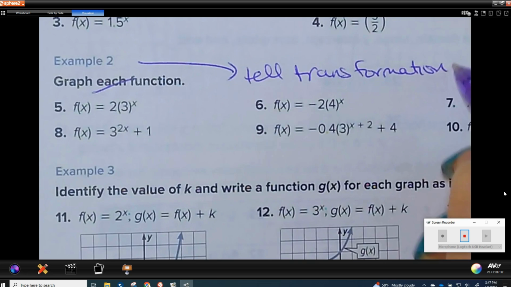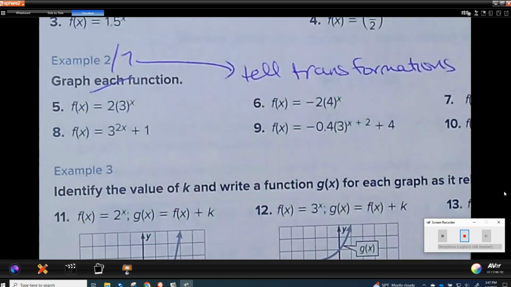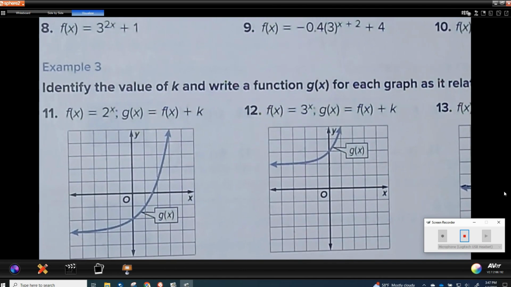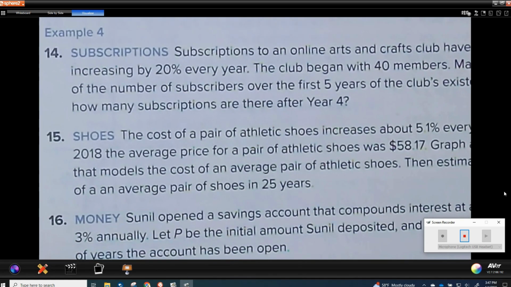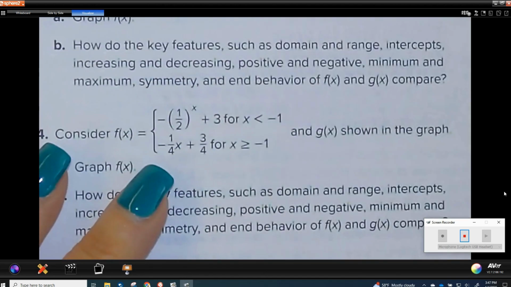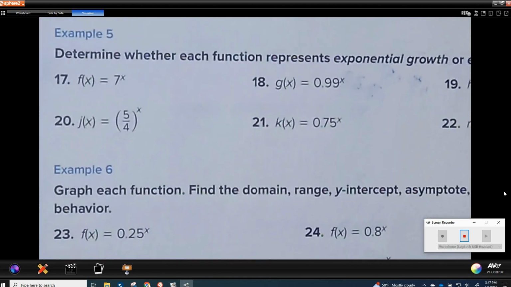It's like example 2 and example 7. And then 11, 12, identify what k is. 14, 15 are exponential word problems. And 17 through 20 is like the table that you just tell me if it's growth or decay.